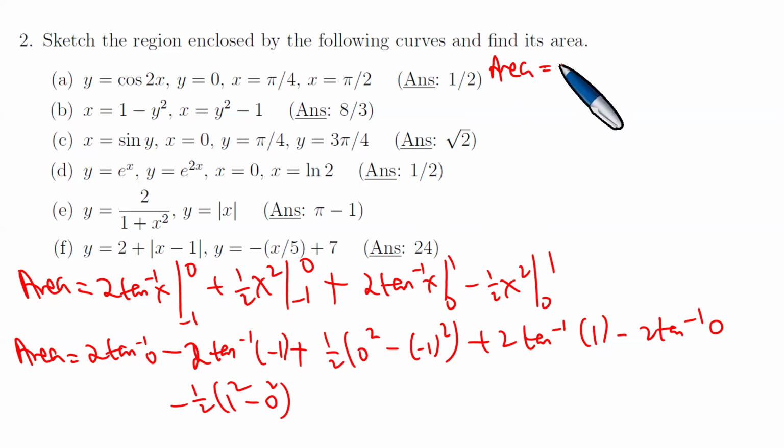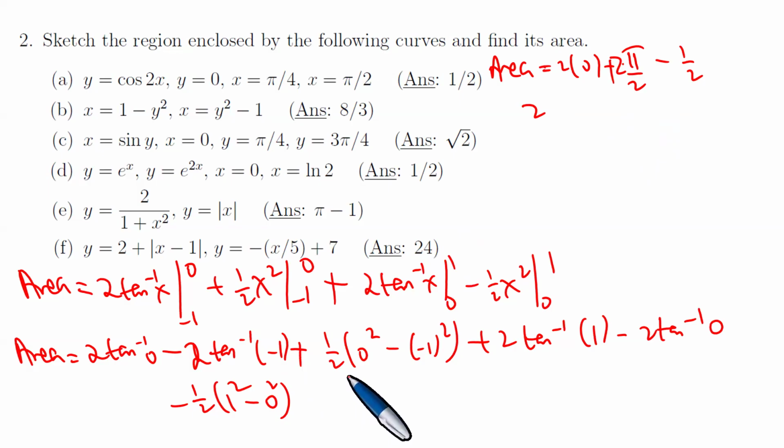Arctan 0 is 0. This negative and negative becomes a plus. The arctan of this is going to be pi over 2, and this one is going to be 0. And then this one is going to be minus 1, so it's going to be like minus 1/2. And then this one, it's 2. Even here, there's a 2, but it's a plus.